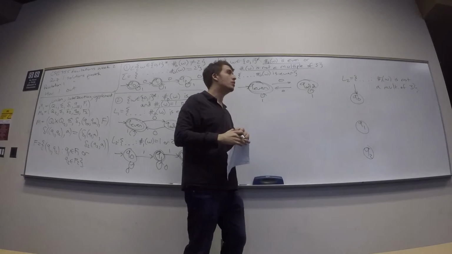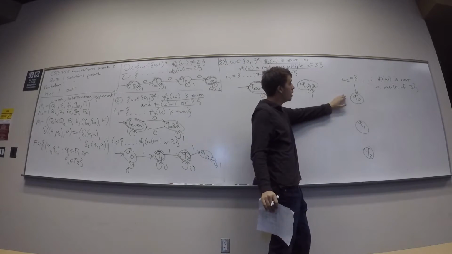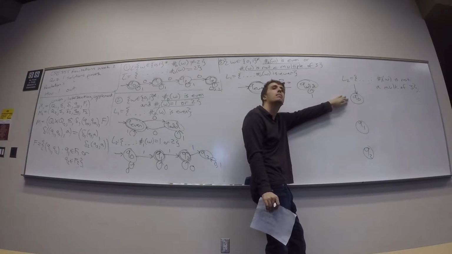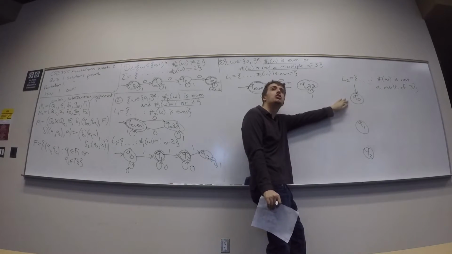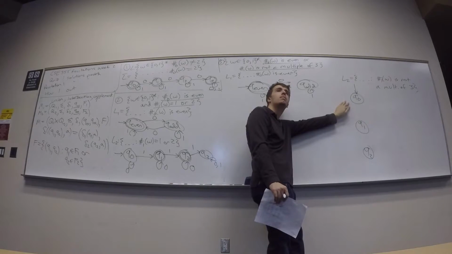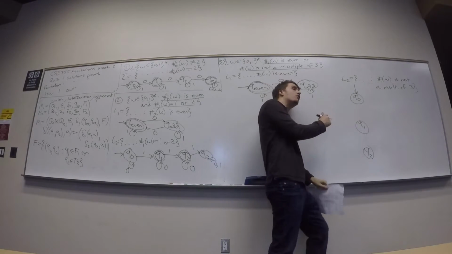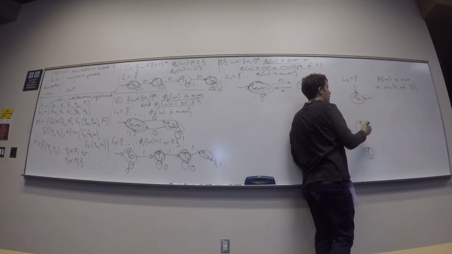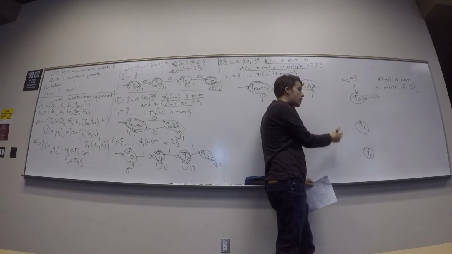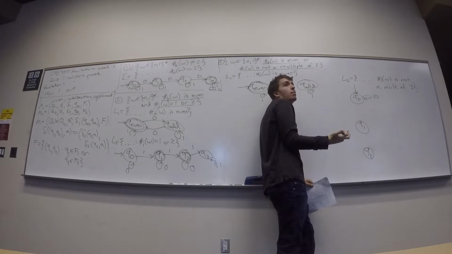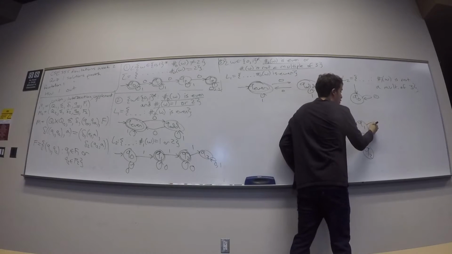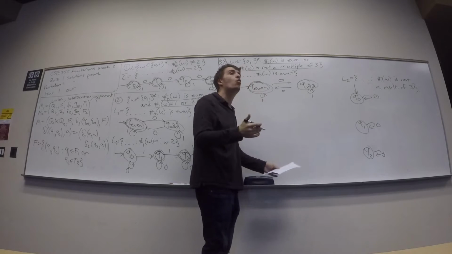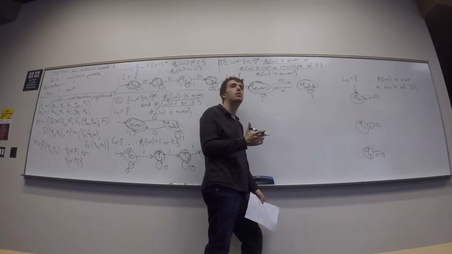So now let's figure out where it goes on 0s and 1s. Where does Q0 go on 0? Does reading a 0 change the number of ones that we've seen? No. So what do you think Q0 does on 0? It loops on itself. Good. What do you think Q1 and Q2 then do on input 0? They're also going to loop on 0. And now what do you think the 1 transitions are going to do?